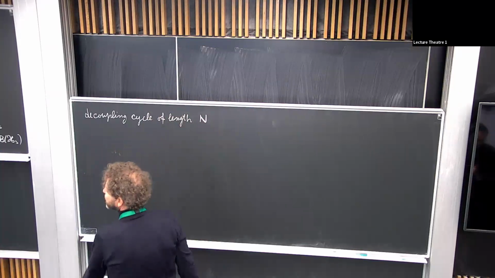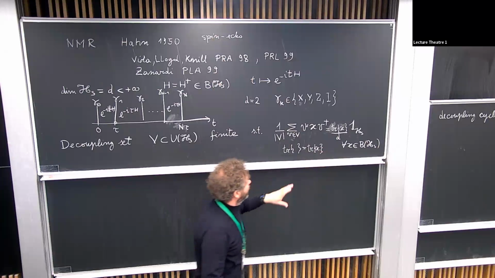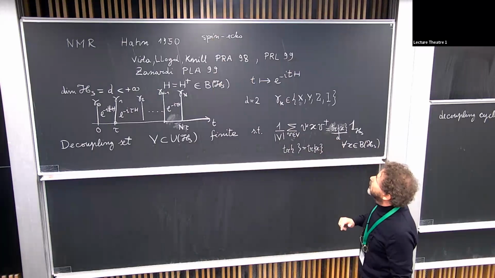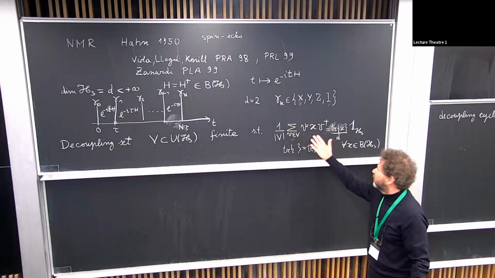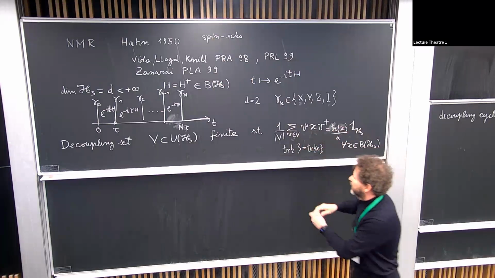What is the justification for having this condition? Why? Because I want essentially to project. This is in fact a projection of any element of the algebra onto the commutant.